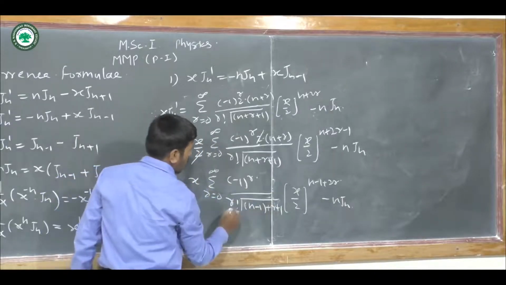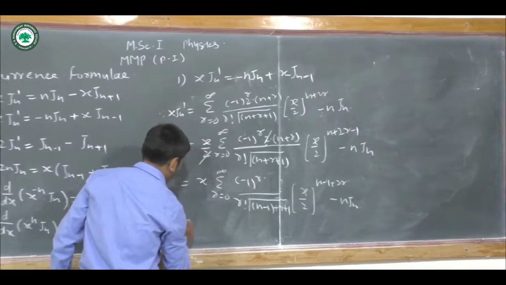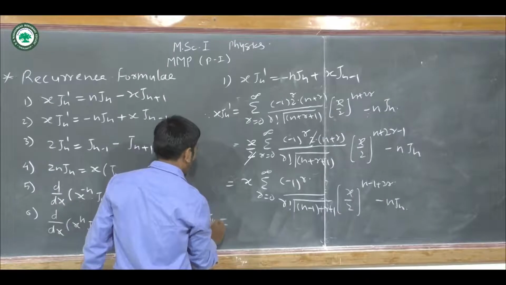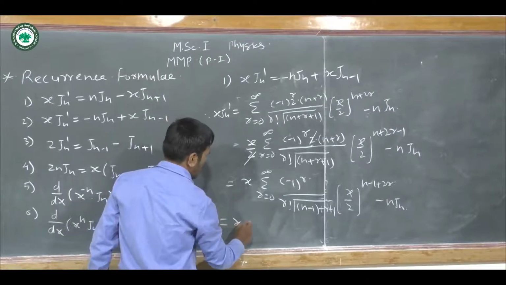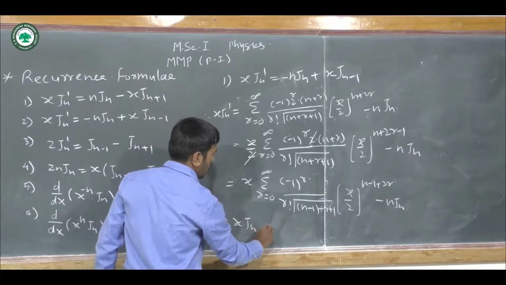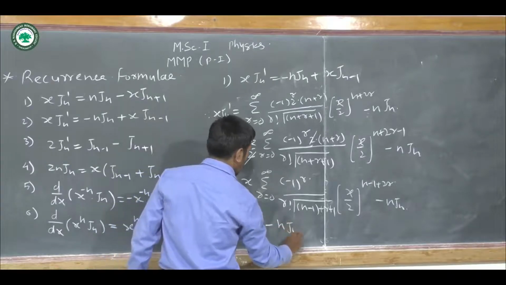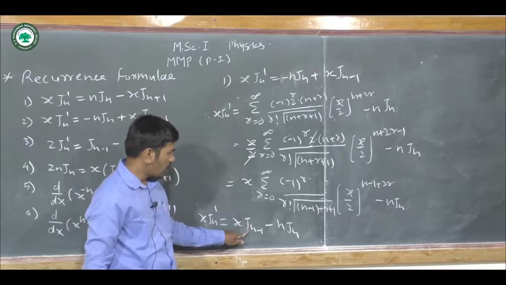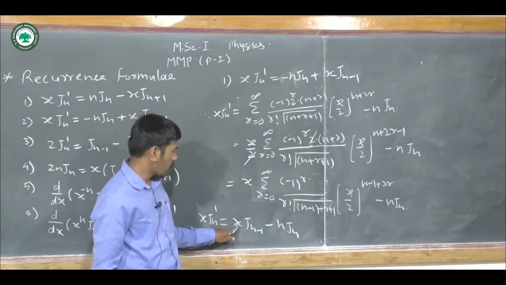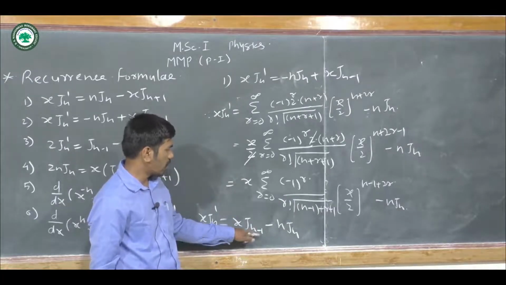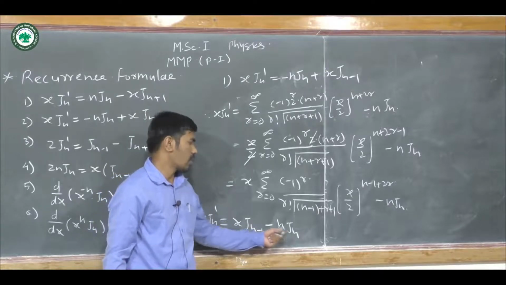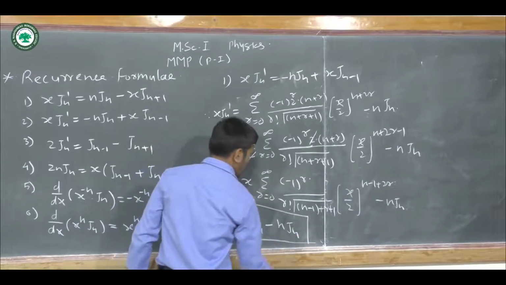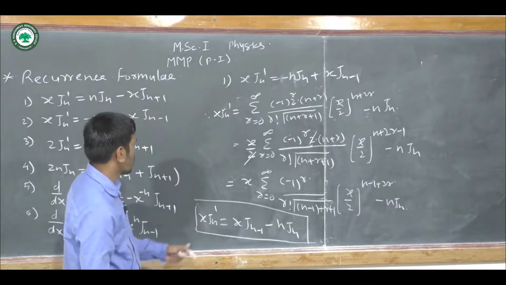So this total expression we can write as x Jn prime is equal to x Jn minus 1 minus n into Jn. For this expression we can write Jn minus 1, and this x is multiplied to these things, and minus n into Jn. So this is the second recurrence formula for the Bessel functions.